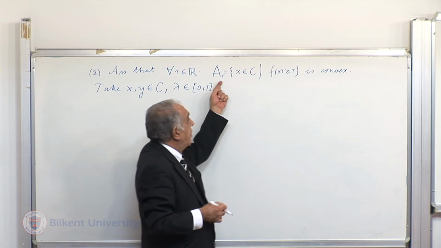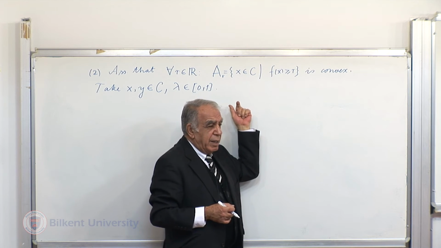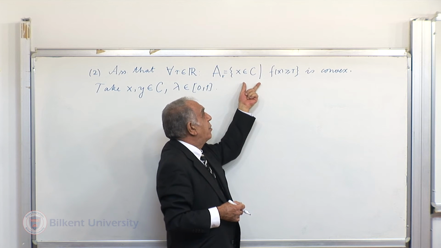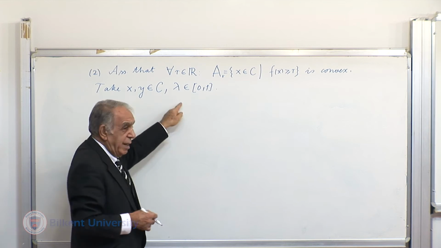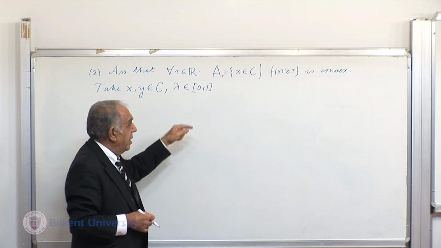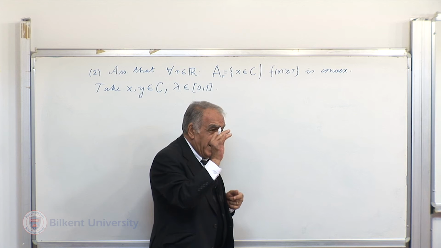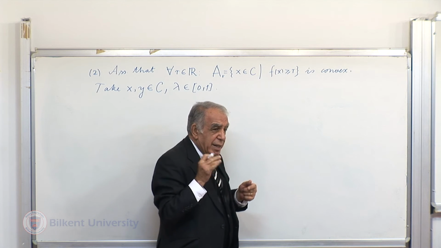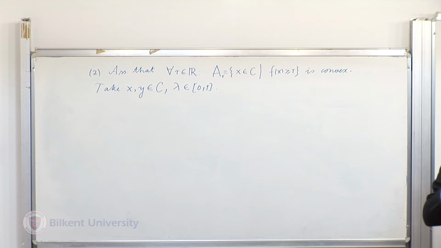But that's what we know for all R. What R, the convexity of what set seems to be appropriate here? I want to show that f of lambda x plus 1 minus lambda y is larger than or equal to the minimum of f of x, f of y.